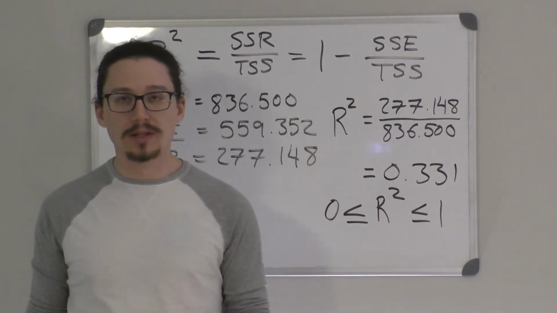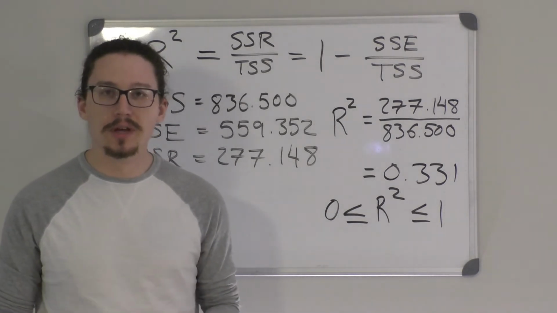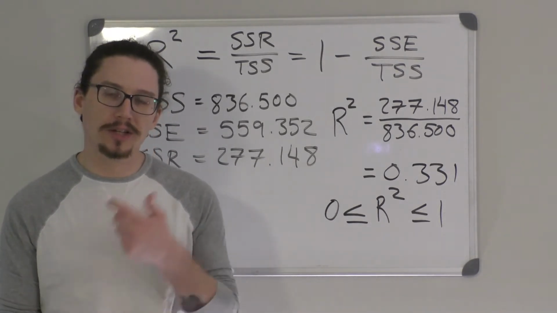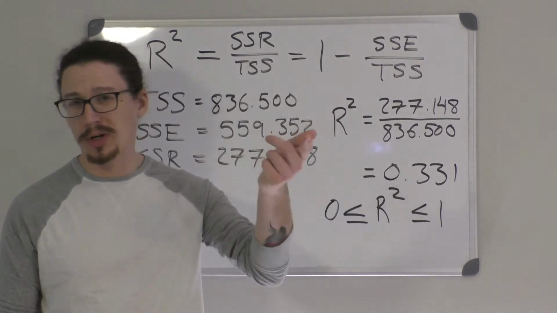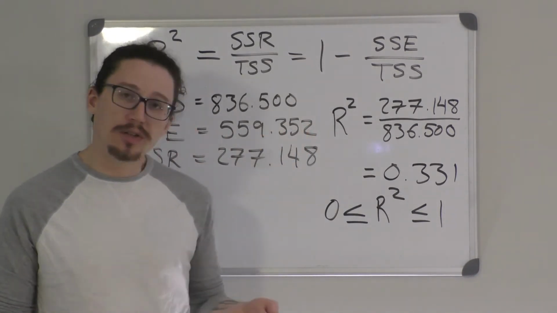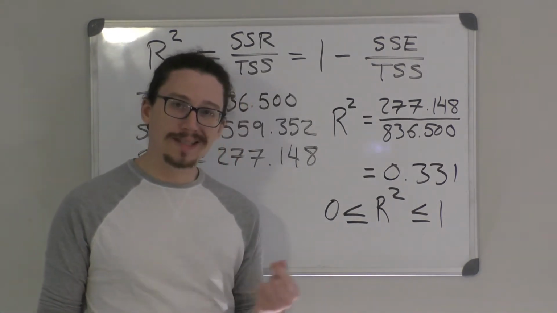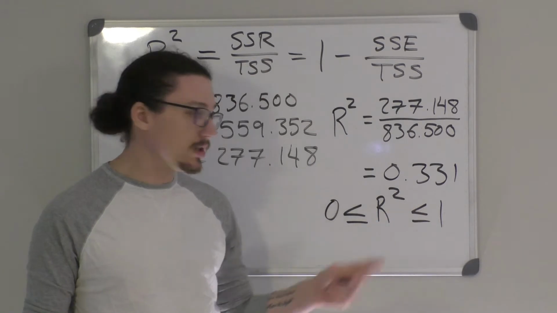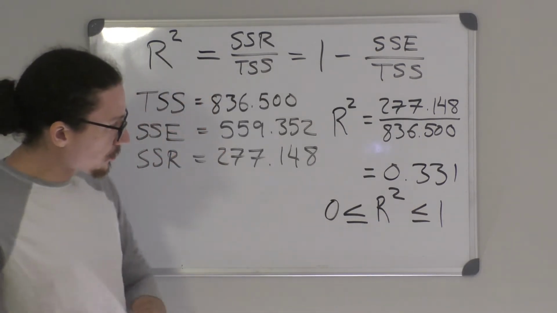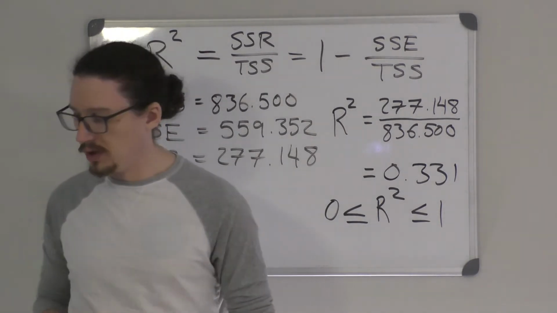If you get something that's not in this range, that indicates that you made a mistake, and you need to go back and check your work. You might have put your total sum of squares on top and your sum of squares regression on the bottom, or punched in the wrong number. Regardless, we should get a number between 0 and 1 from the calculation itself. Here, we've got an R squared of 0.331.